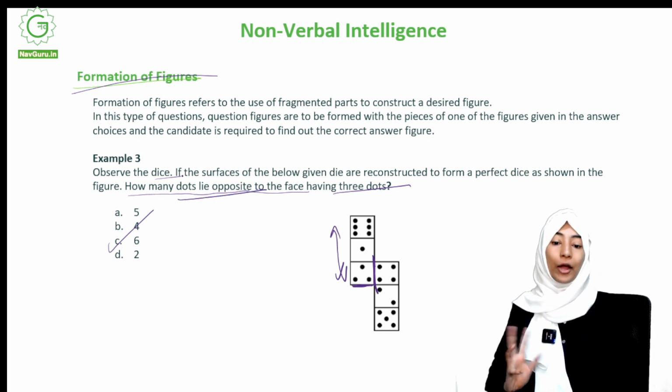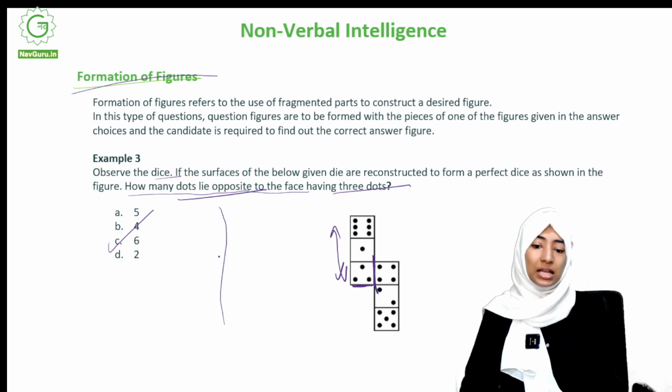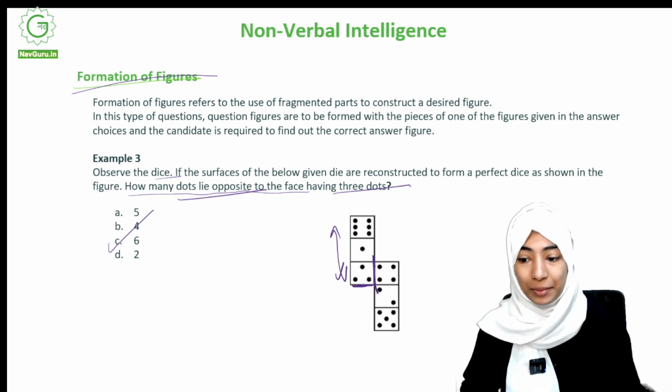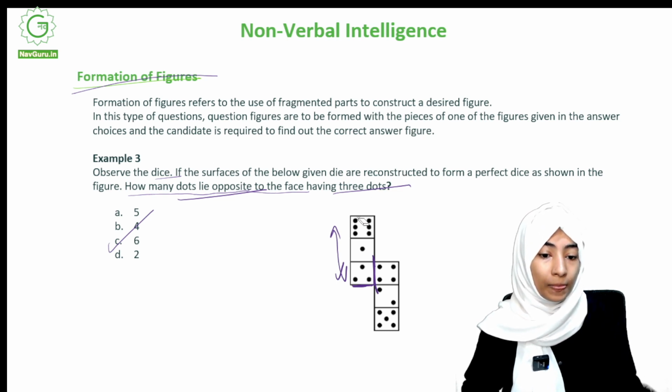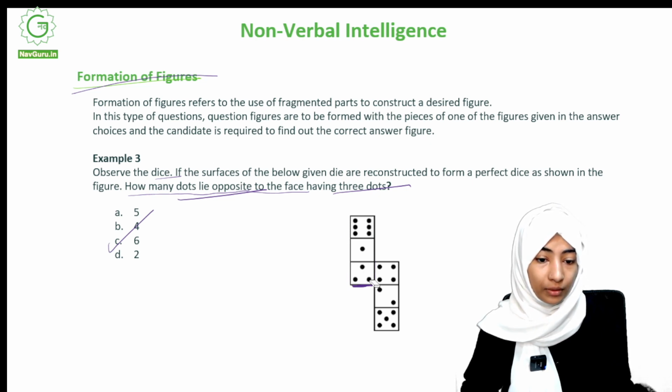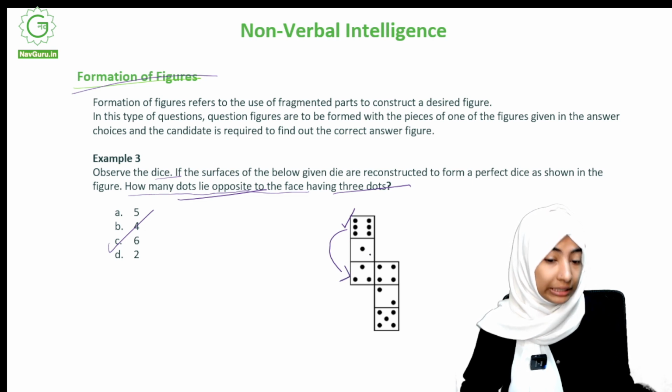How many dots lie opposite to this? When you're asked such questions, the very easy way to find this, the trick that you have, is basically nothing. All you need to do is, you will have a figure of this sort, right? Start from the beginning of the figure, you see a 6. The opposite of the 6 will be the alternate option.